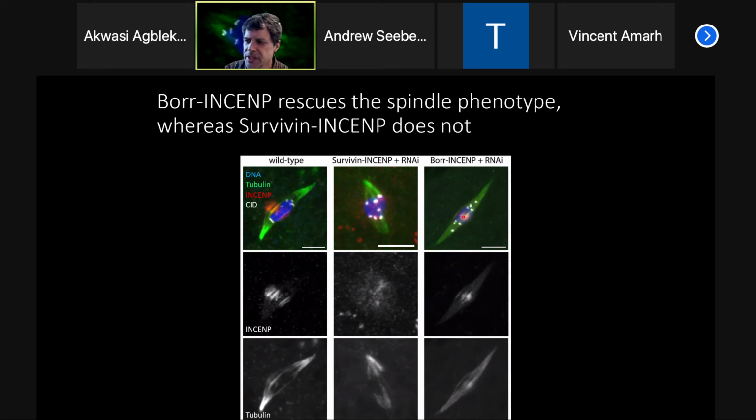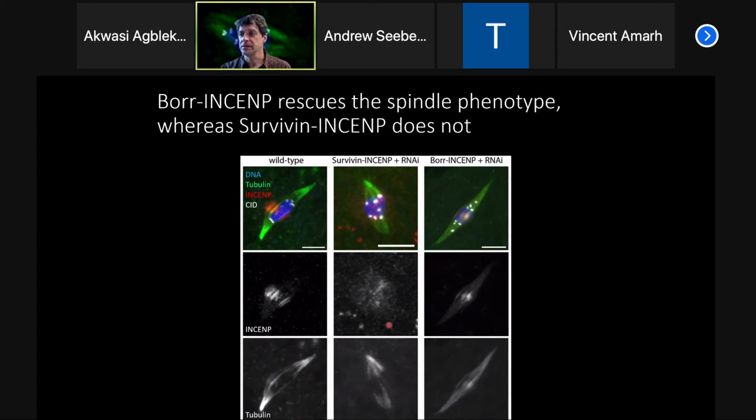In red, you can see INCENP, here fused to borealin, in the central spindle. So borealin seemed to be able to target INCENP for everything it had to do. It can go to the chromosomes. It can also go to the spindle. Survivin, however, was only capable of recruiting INCENP to the chromosomes and directing kinetochore-based things like kinetochore microtubules.